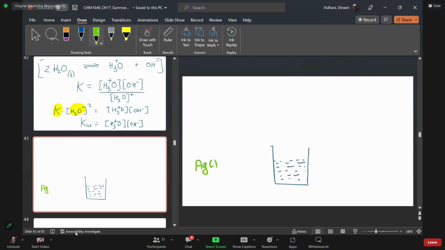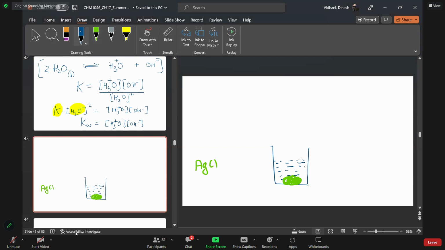silver chloride. Now, silver chloride is sparingly soluble. When I use the words sparingly soluble, that means it is barely soluble. So when I add that, it stays at the bottom like this, and you will be able to see that.